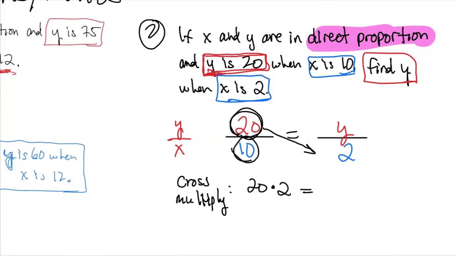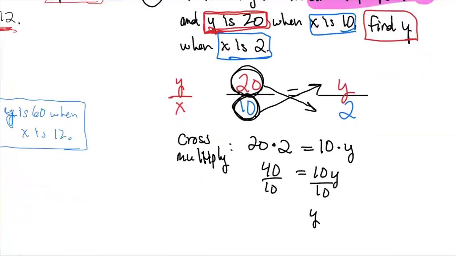And that's going to equal, take that 10, multiply it by y. 20 times 2, that's 40, equals 10y. Then I'm going to divide both sides by 10. Y equals 4. Good, so that's the cross multiplying way.